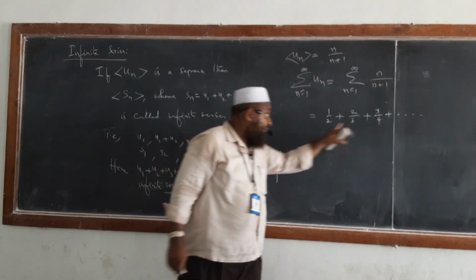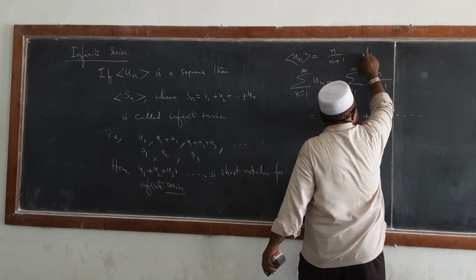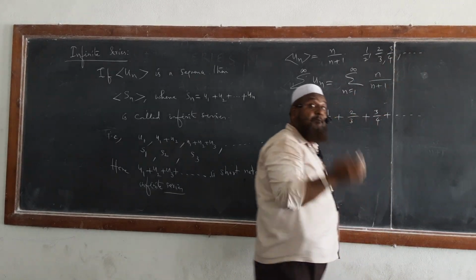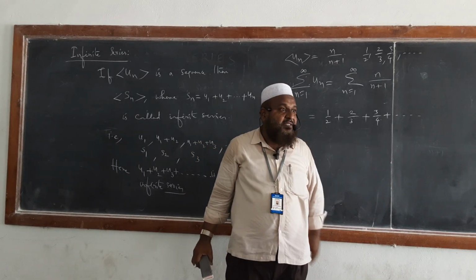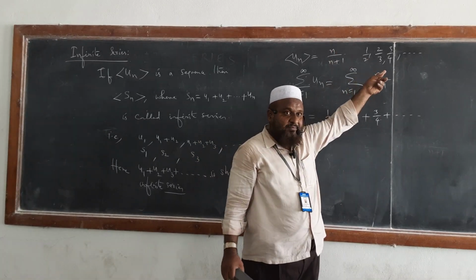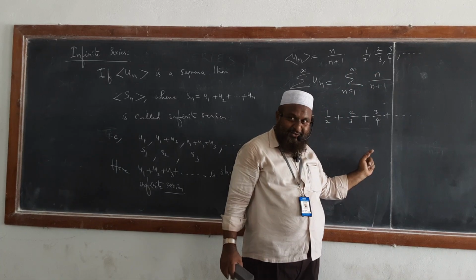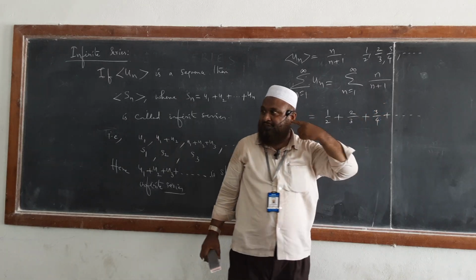So this is an infinite series, and 1 by 2 comma 2 by 3 comma 3 by 4 comma so on is the background sequence. So for every infinite series there will be some sequence in the background. It is like back end and front end. You are very clear about back end and front end? Yes or no? Okay, good.